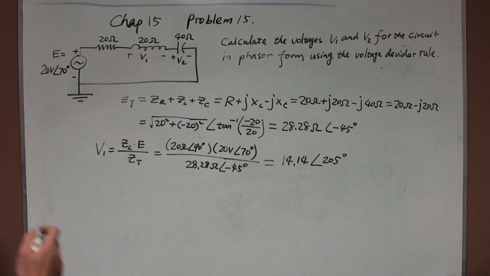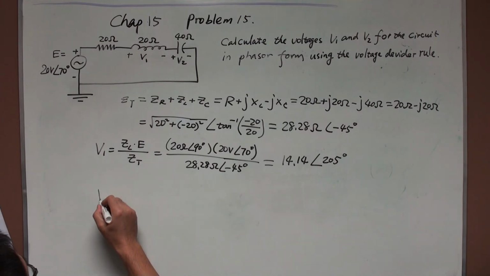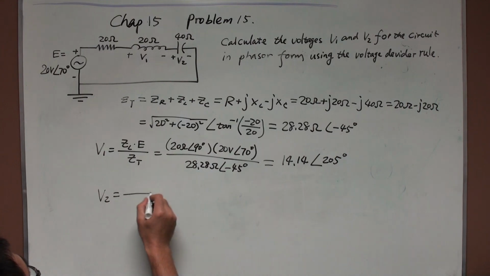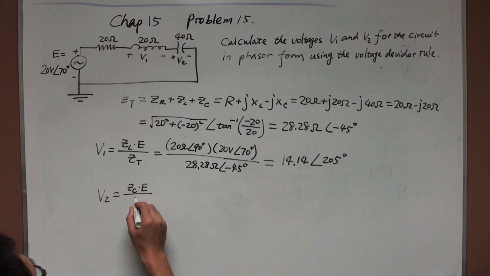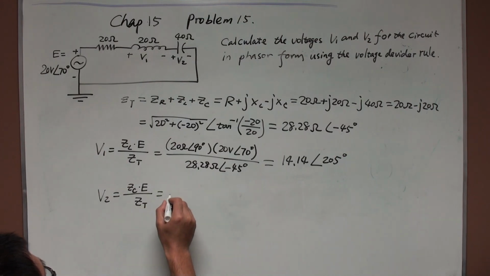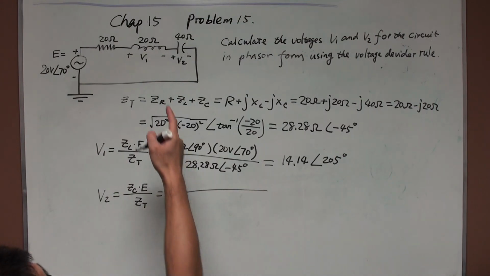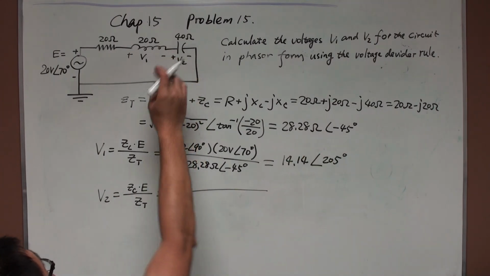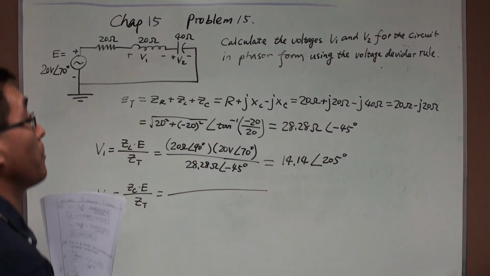All right. Again, by using the voltage divider rule, for V2 you have ZC times E over ZT. And ZC is here, the impedance for the capacitor.